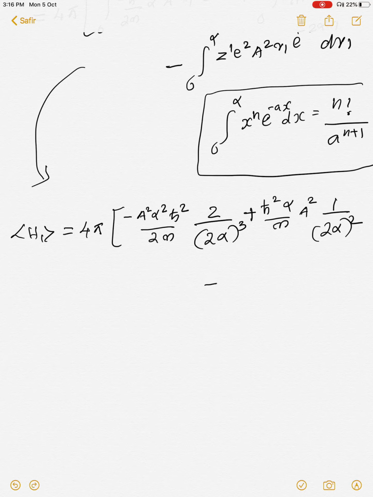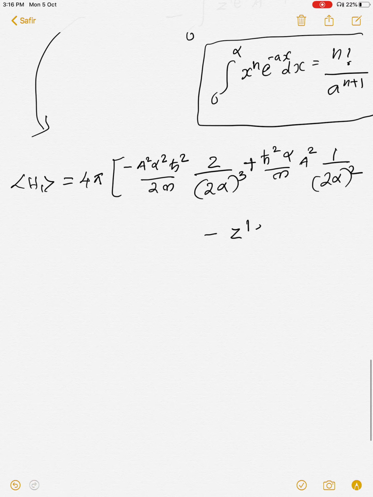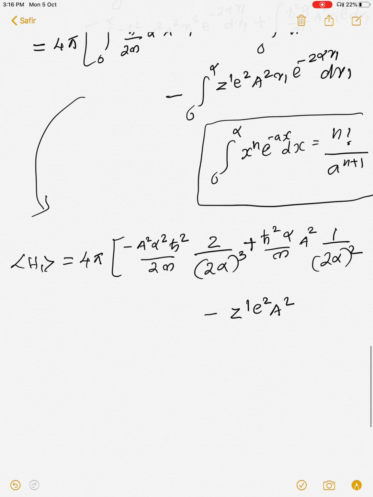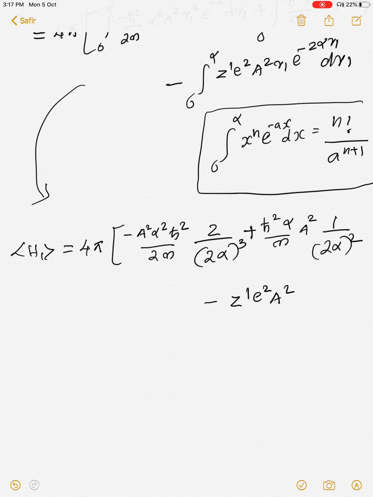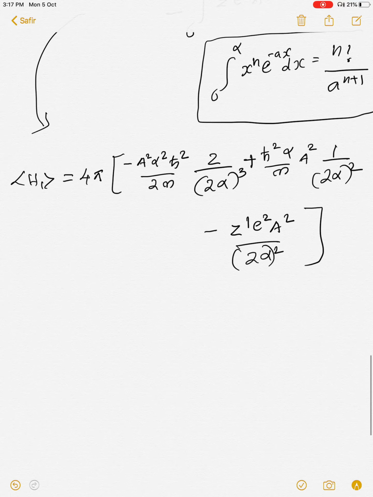It is minus, not plus, minus. The constants are z prime e square a square, x raised to n form is r raised to 1, so 1 factorial, 1 by 2 alpha square. So we have done the integration simply using the standard integral.